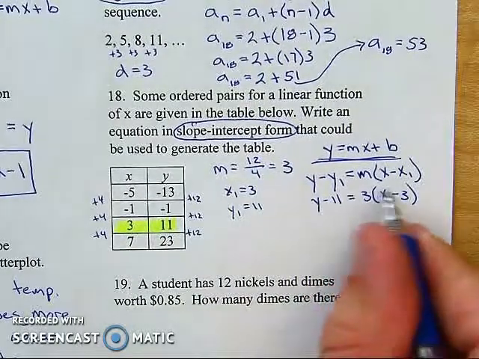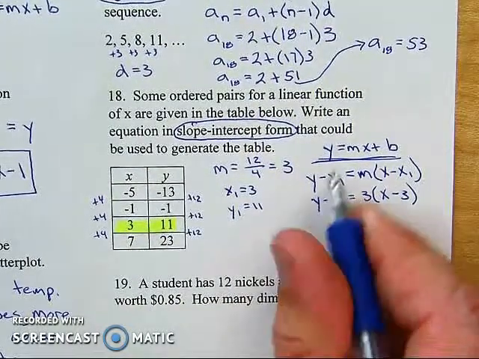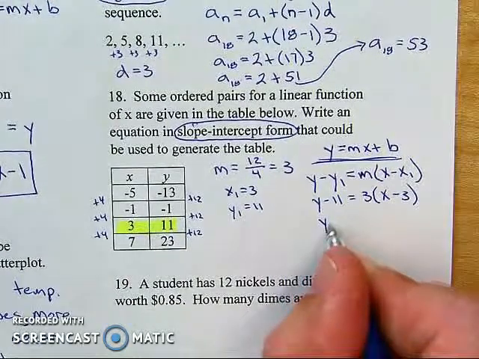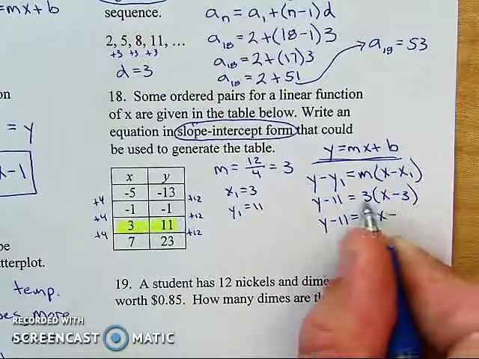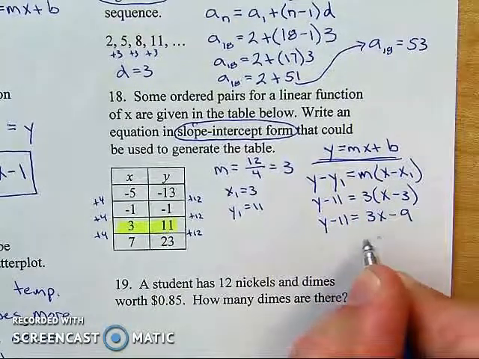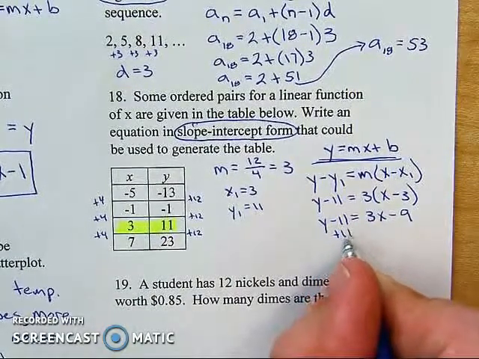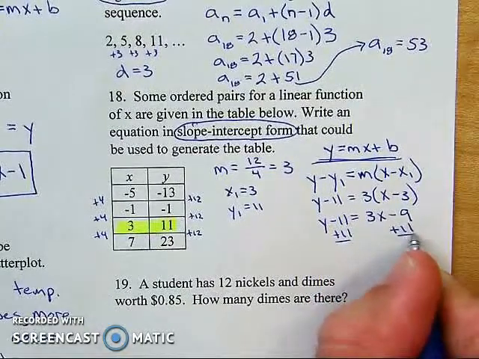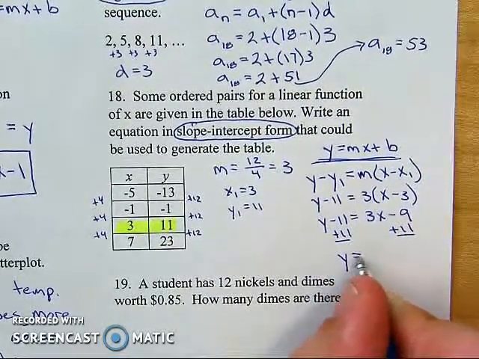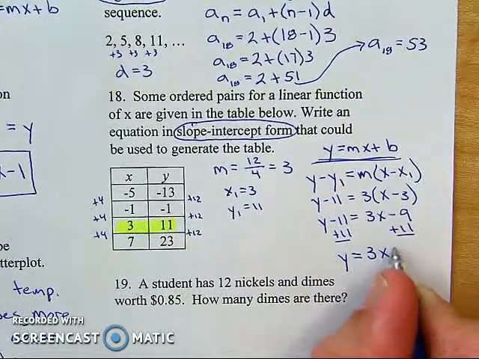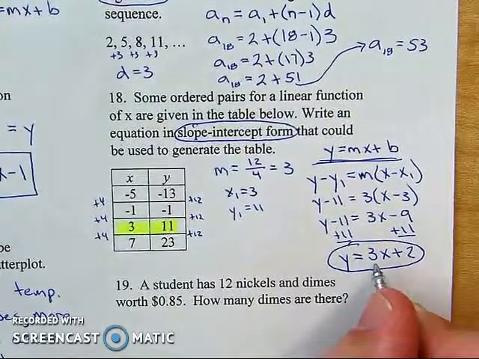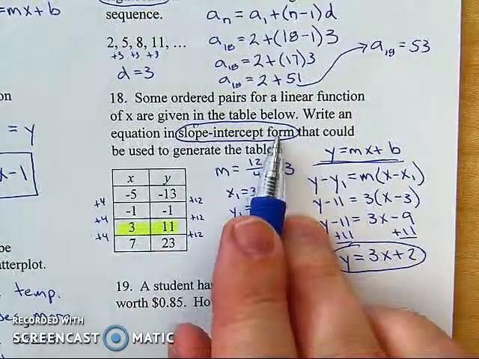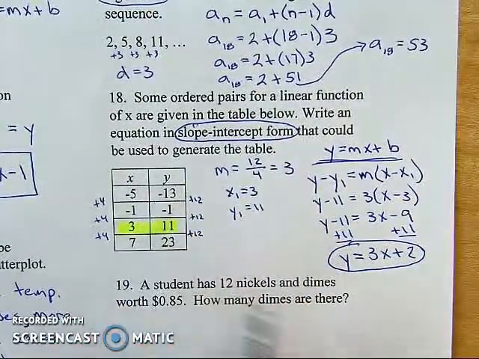All right. Distribute, because I need it in that form. So y minus 11 is equal to 3x minus 3 times 3 is 9. I only have one more thing to do. I'm going to add 11 to both sides, and I'll have my answer, 3x plus 2. So there it is. That's the equation of the line in slope-intercept form that would make this table of values.